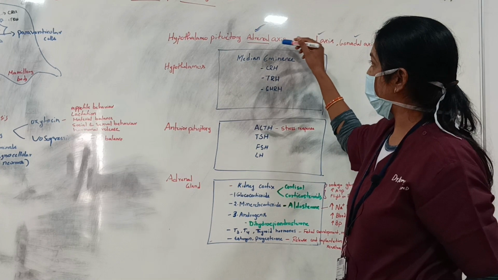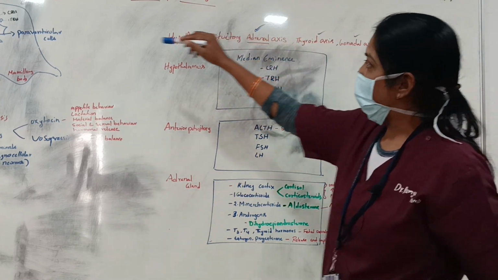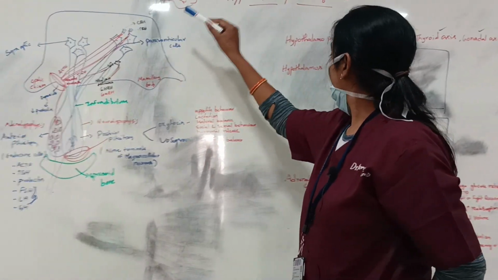The hypothalamo pituitary adrenal axis, you all know this one. In the hypothalamus, corticotropin releasing hormone is released from these neurons.